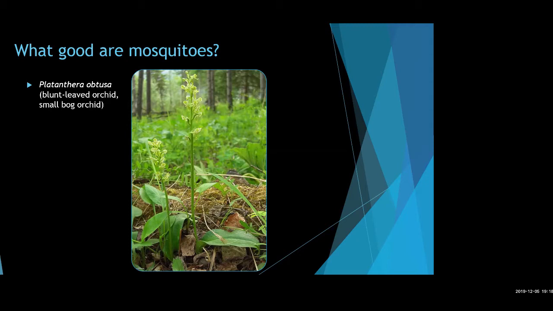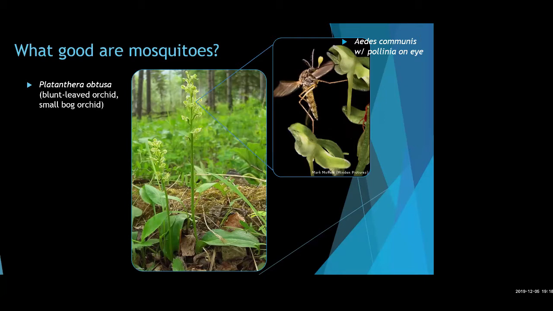In this particular case, this blunt leaf orchid, also called the small bog orchid, is required to be pollinated by, you guessed it, a mosquito. So if we were to remove Aedes communis from the environment, if we could snap our finger and just take all the Aedes communis off the earth, we would also remove this orchid.